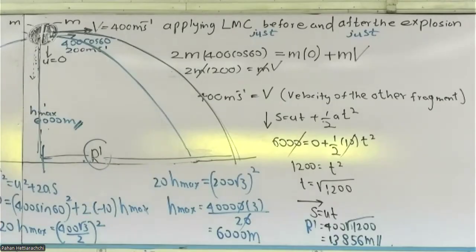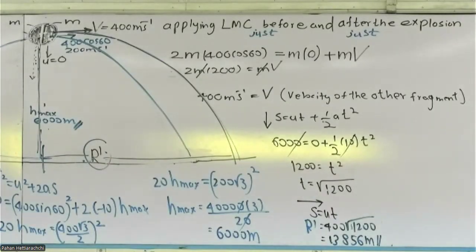But they ask you for the horizontal range from here. So you have to use the initial parabola to find this part, R0, and add that part to this new answer, then you will get the exam answer.